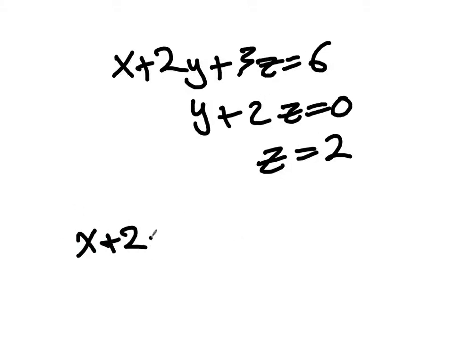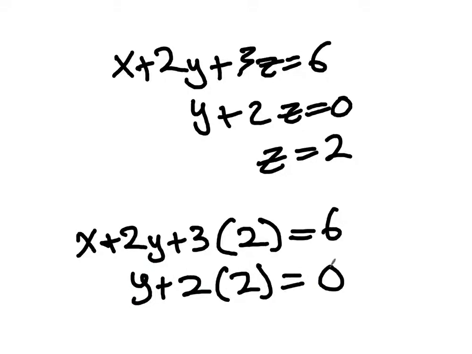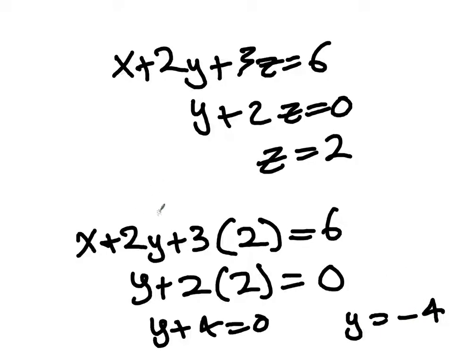So here I got x plus 2y plus 3z, which is 2, because z is equal to 2. And then here's my second equation, y plus 2z, which is 2. And then you see here, now I can just solve this equation. y plus 4 equals 0. That means y equals negative 4. I can substitute in y equals negative 4 right here.